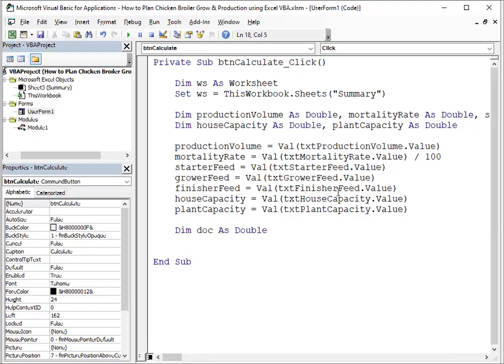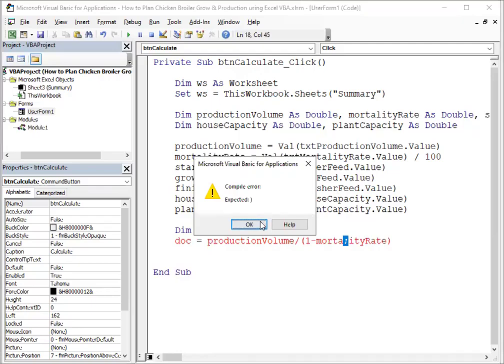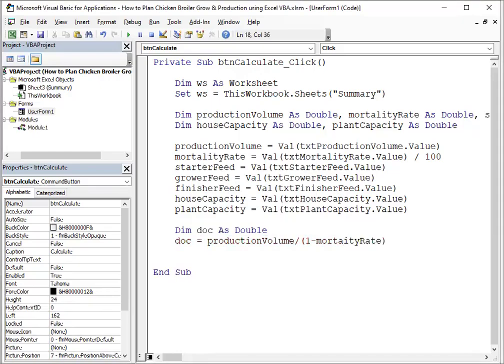Then DOC is equal to production volume slash open parenthesis 1 minus mortality rate. Okay, this is wrong.